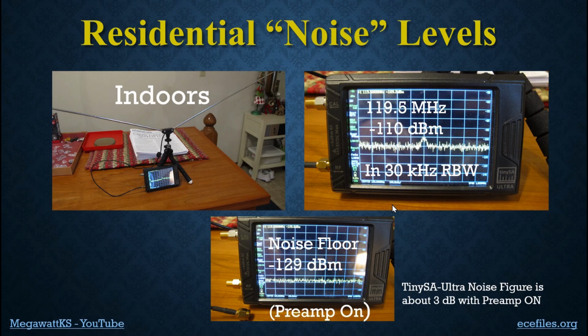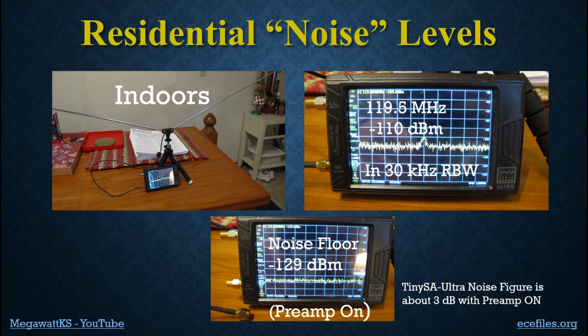But we can find out using one of these beautiful tiny spectrum analyzer Ultra thingies. I recommend the Ultra because it has a much better noise figure than the original tinySA units. Here I have a dipole antenna with the length set up for 100-ish megahertz, and actually it is looking at 120 megahertz.